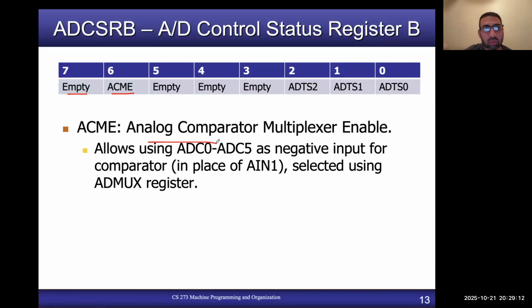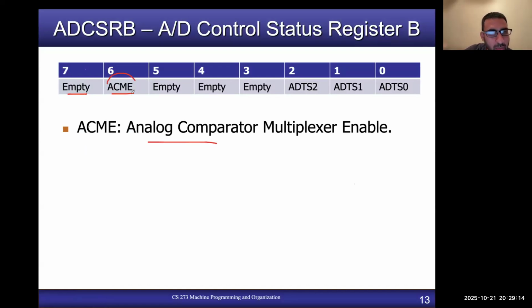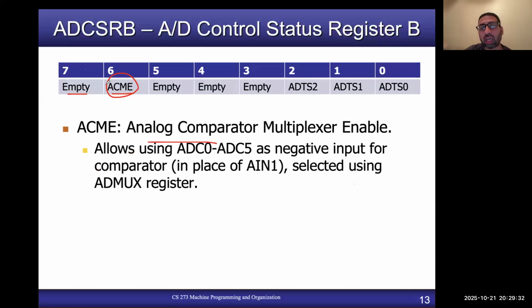Actually, this bit is not related to the operation of the ADC, so you can simply ignore it in the context of ADC operation. It doesn't contribute anything to analog to digital conversion, but it has some meaning when you are doing analog comparison between two different analog inputs.